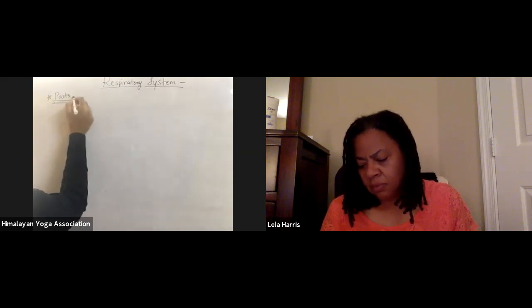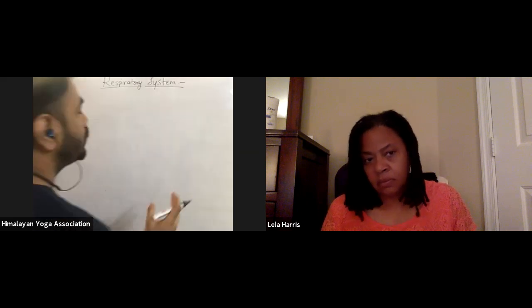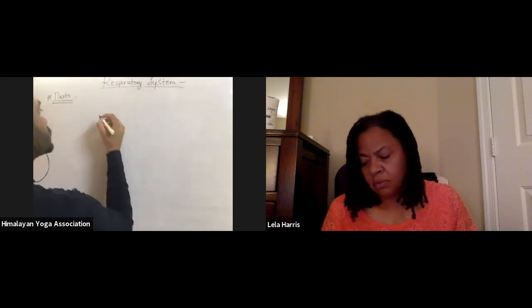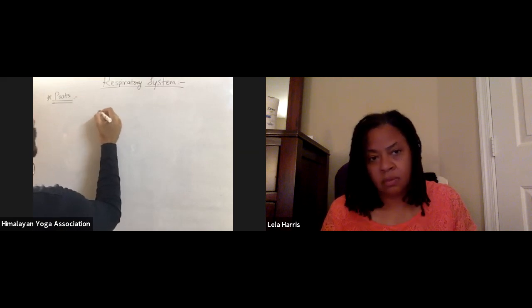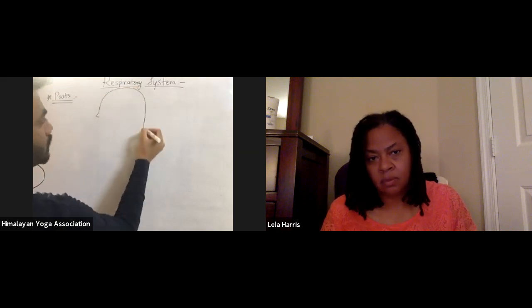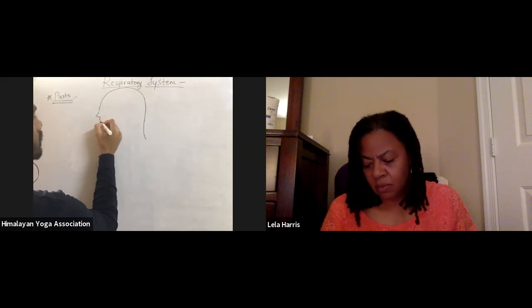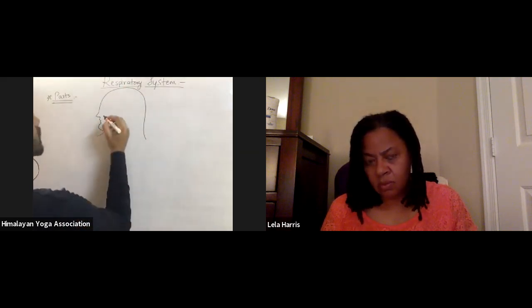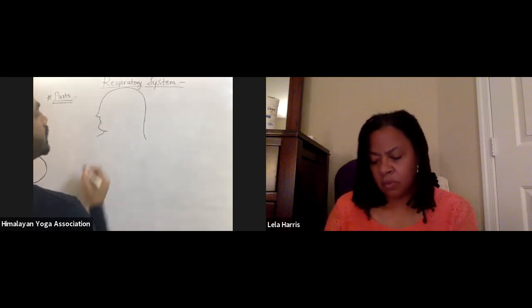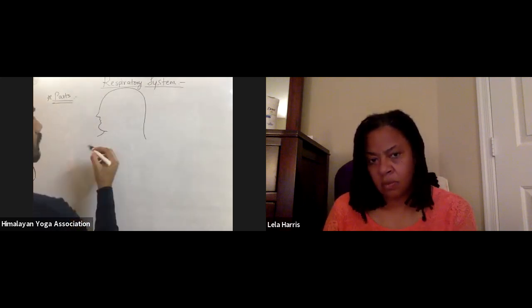So make a diagrammatic representation right over here and check your diagram. So this diagram is now about the respiratory system.